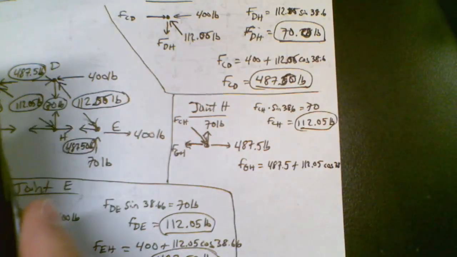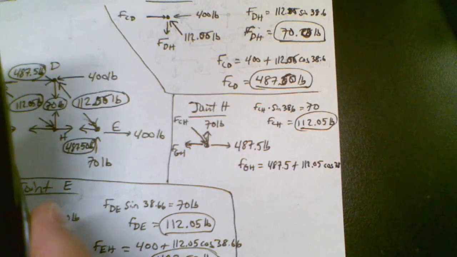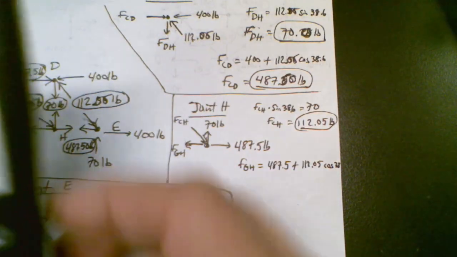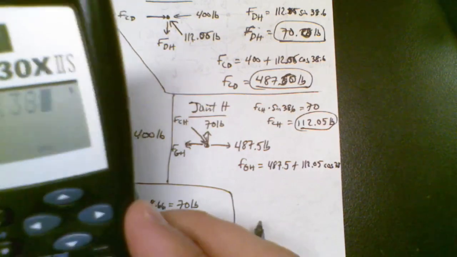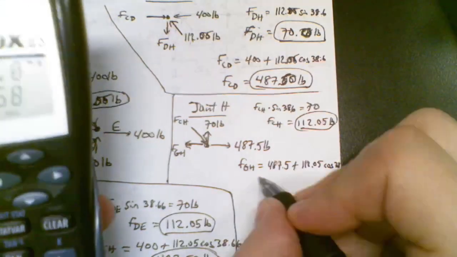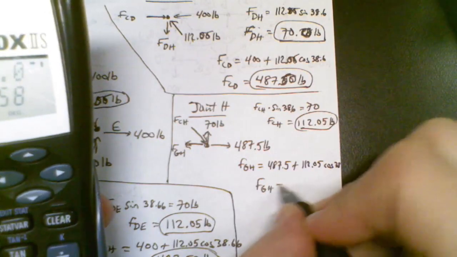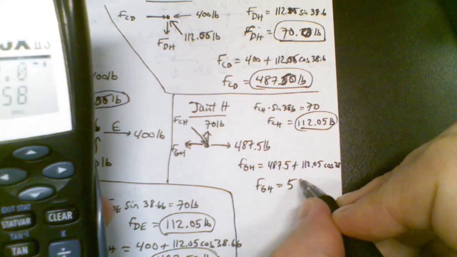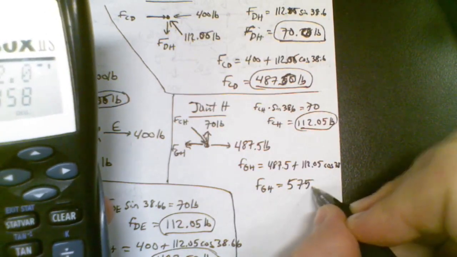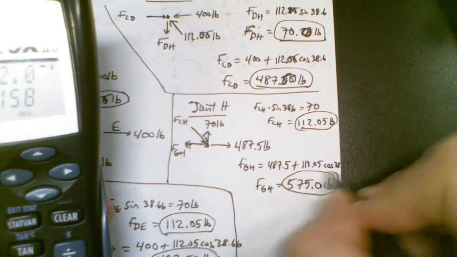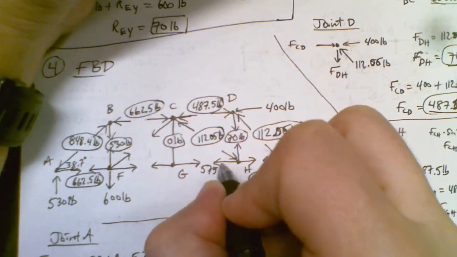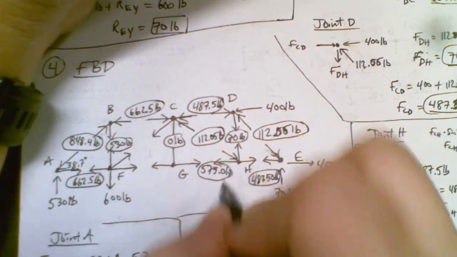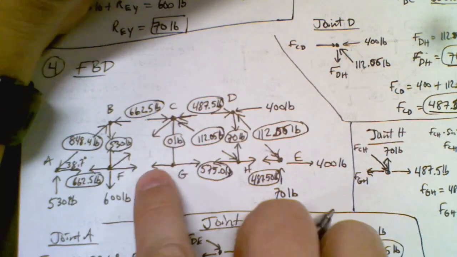So 487.5 plus 112.05 cosine 38.66. FGH will equal 575.0. Okay, so we got a 575 is this one. Which means I know this one, because G is easy.